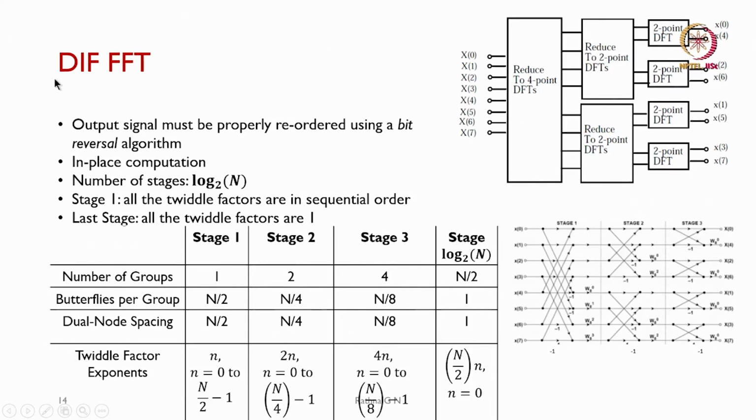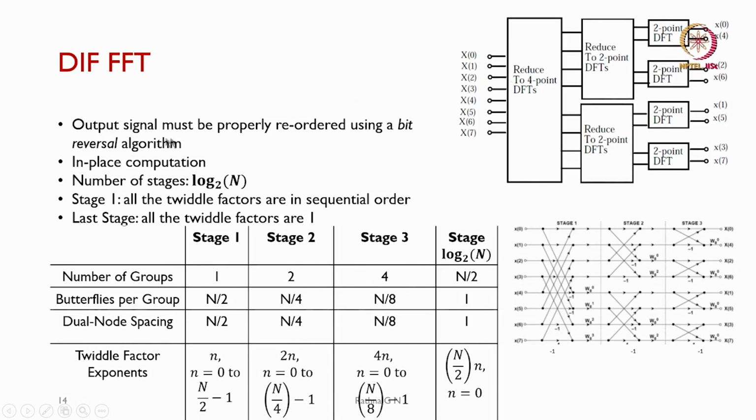That is what we call decimation in frequency, FFT. The output signal must be properly reordered using a bit reversal algorithm. That means the input is in order and the output will be in bit reversal order in the DIF case.